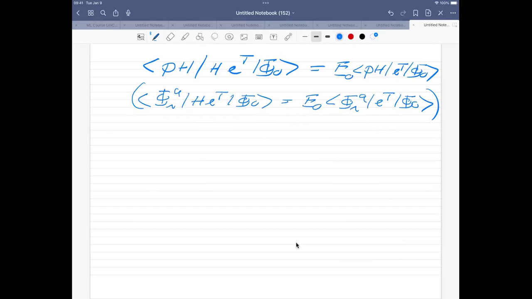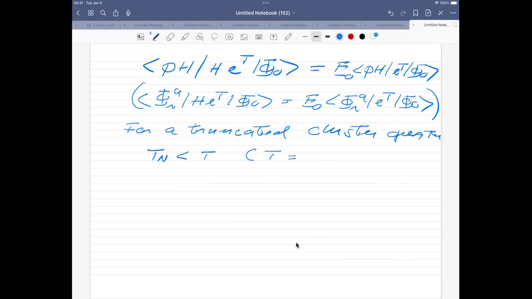Now, the thing is that for a truncated cluster operator, that is, we don't include all the Slater determinants which we can make, for example, if we have a T_n which is smaller than the full T, a typical example of cluster operators which we deal with often is T1 plus T2.